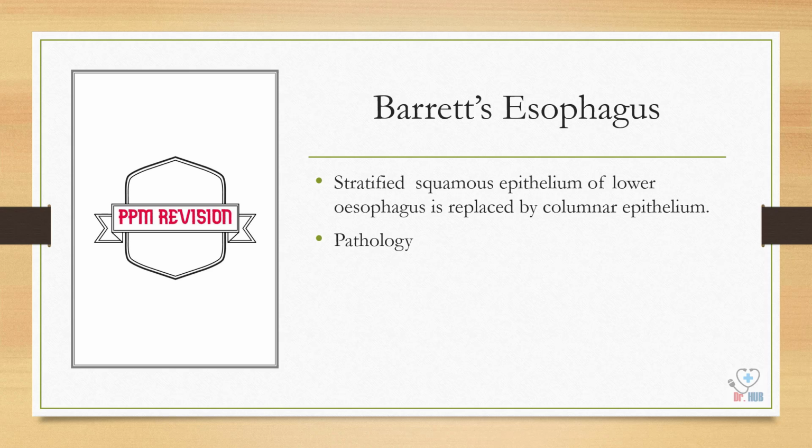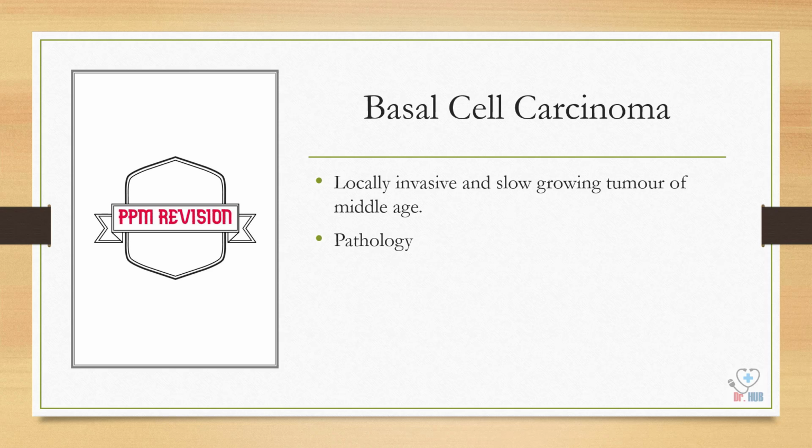Moving ahead, we'll be looking at basal cell carcinoma. Basal cell carcinoma is a locally invasive, slow growing tumor which is mainly found in middle age, mainly on hairy skin, and the most common location is the face. An imaginary line can be drawn from the lobe of the ear to the corner of the mouth, and in this region it is very common.